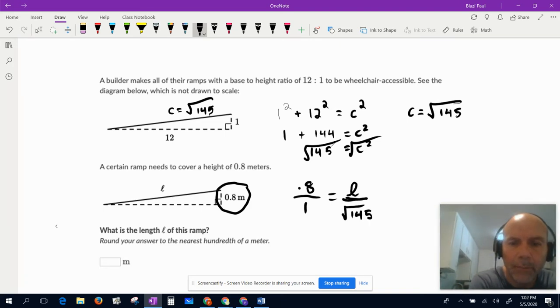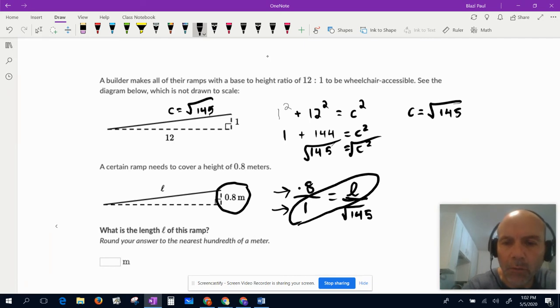So this is going to be very beneficial in the next section as well. 0.8 is to 1 as L is to root 145. That's how it's written right here. 0.8 is to 1 as L is to root 145. All right, so now we just need to solve this by doing some cross multiplication.